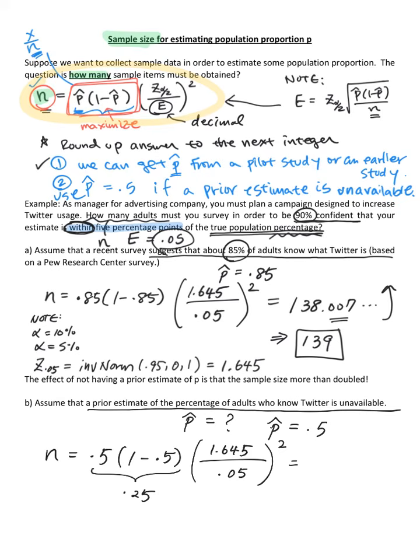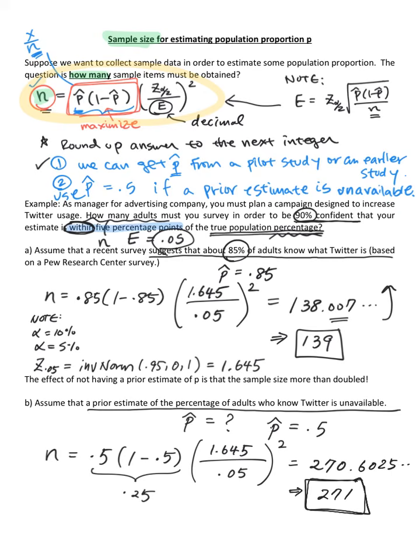When you calculate this, you're going to get 270.6025, something like that. So we're going to round it up to 271. So if you don't know p hat, then you're going to need about 271 people in your survey.